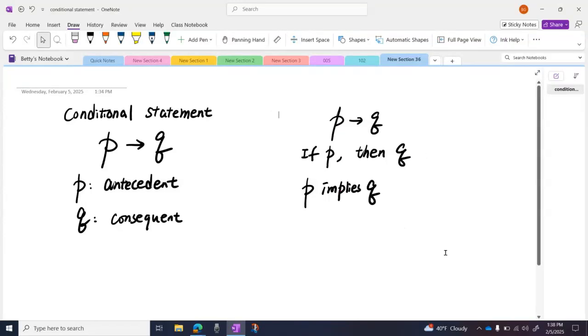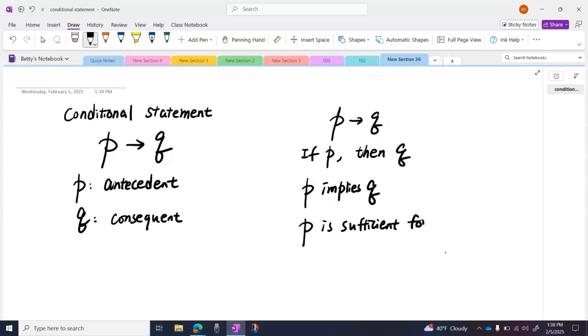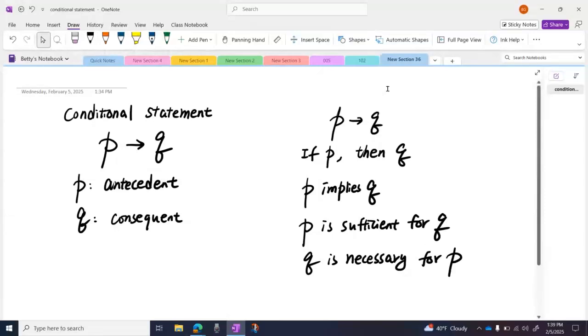And the third way to express a conditional statement is "P is sufficient for Q." The last way to express a conditional statement in words is "Q is necessary for P."